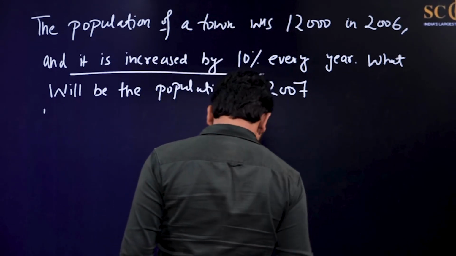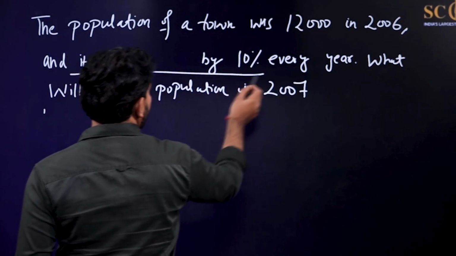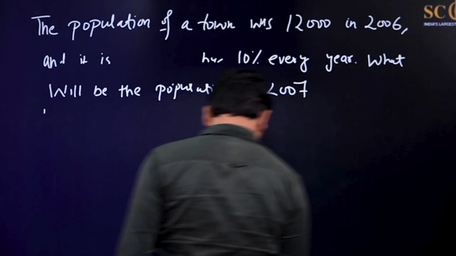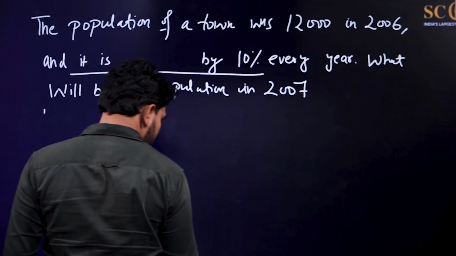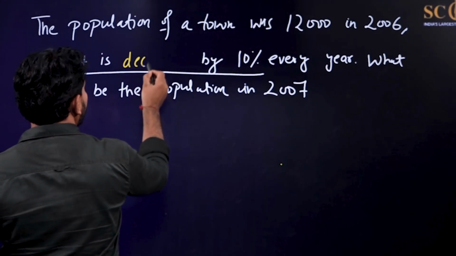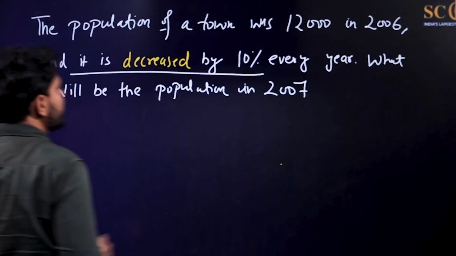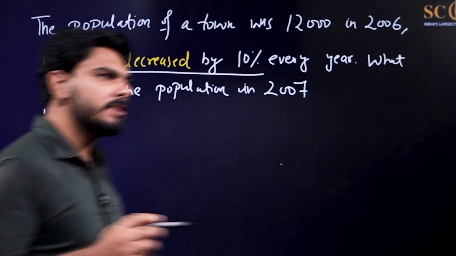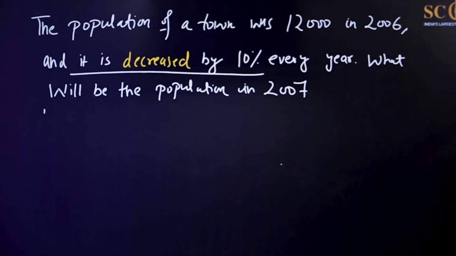It is not increased, it is decreased by 10% every year. So what will be the population in 2007? Now this is your new question. Just try to solve it and tell me what your answer will be.